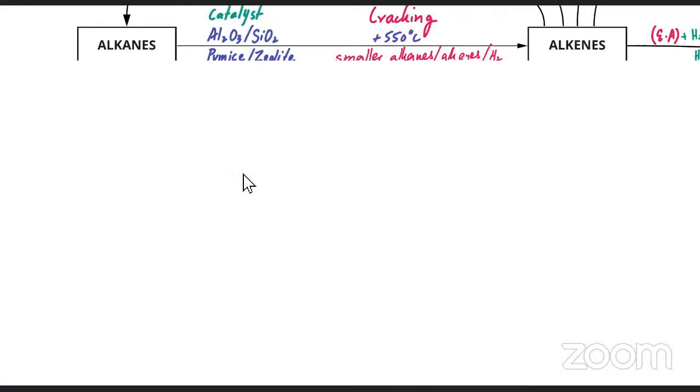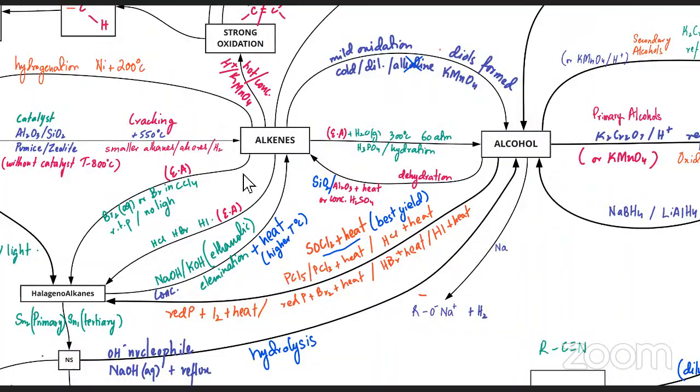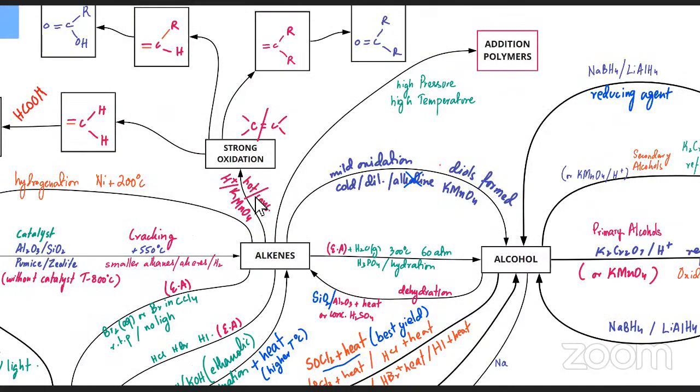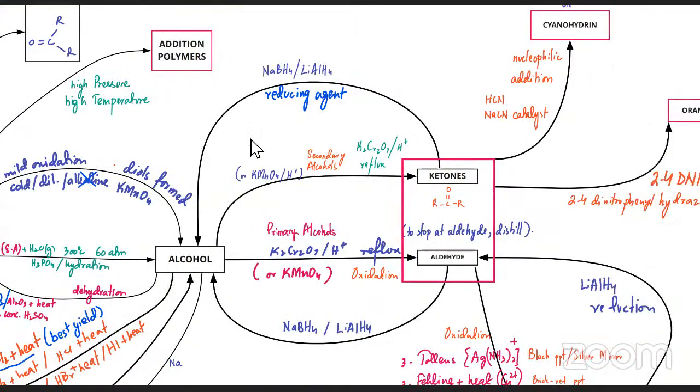Because hot concentrated KMnO4 is for alkenes. KMnO4 is fine. The hot concentrated part is for oxidation of alkenes, so that's not used. It's a simple alcohol, a secondary alcohol. So what does a secondary alcohol turn into? It turns into a ketone. You just need KMnO4 acidified and you need reflux with that.